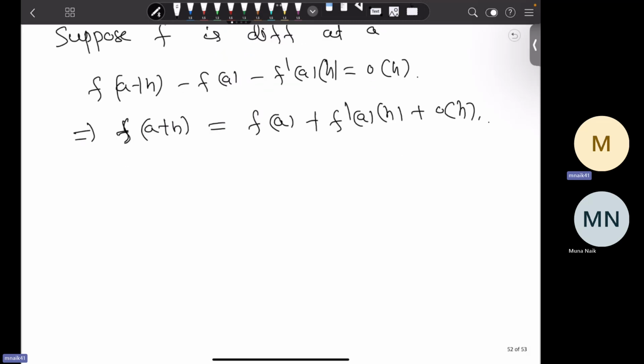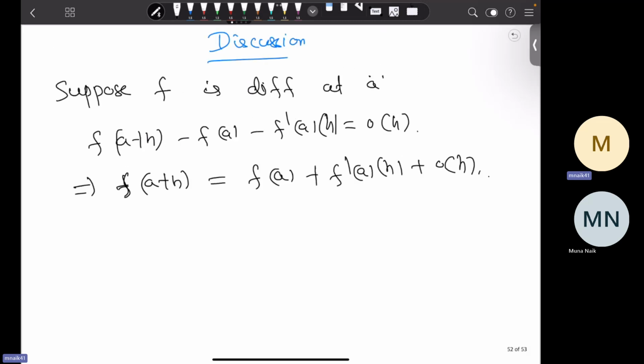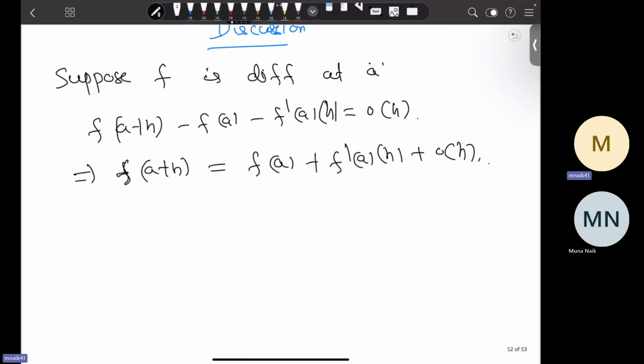Now, while calculating the derivative of a function, my suggestion is something like this.